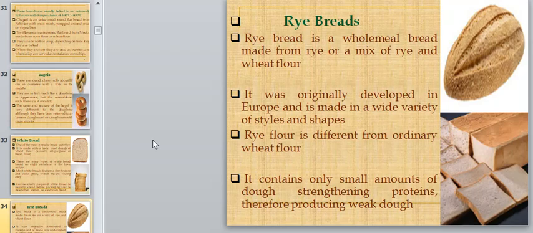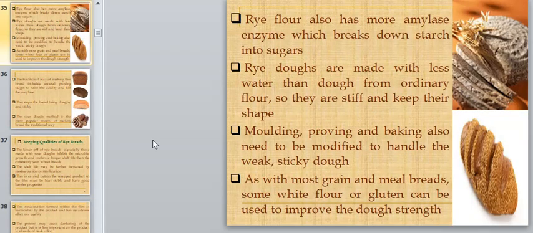Rye flour is different from ordinary wheat flour. It contains only small amounts of dough strengthening proteins. Whenever the protein in the product is in a smaller amount, it produces weak dough.